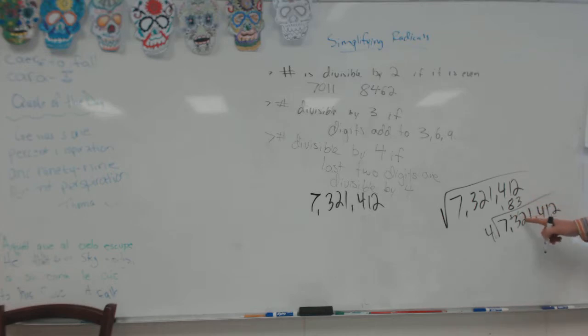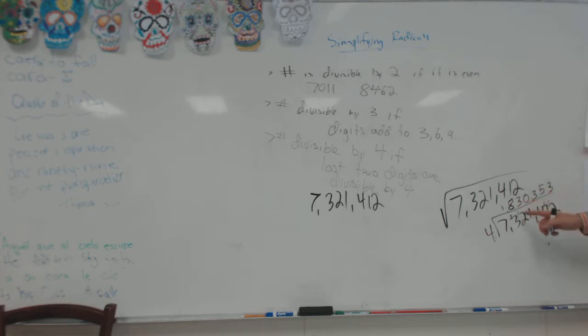Goes into 12 3 times, with 0 left over. Doesn't go into 1. Goes into 14 3 times, with 2 left over, into 21 5 times, with 1 left over, and it goes into 12 3 times.